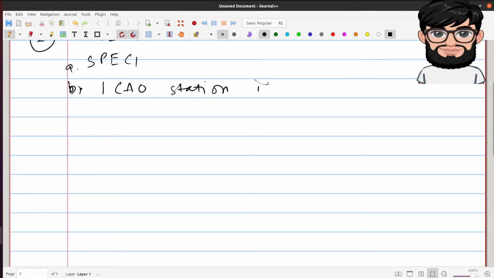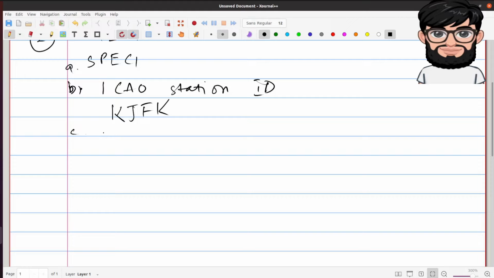It's normally a four-letter station identifier, basically a three-letter identifier with the prefix K. So at the beginning you will see K, and KJFK for the JFK airport. So the first or second thing you would see in the METAR would be the station identifier.